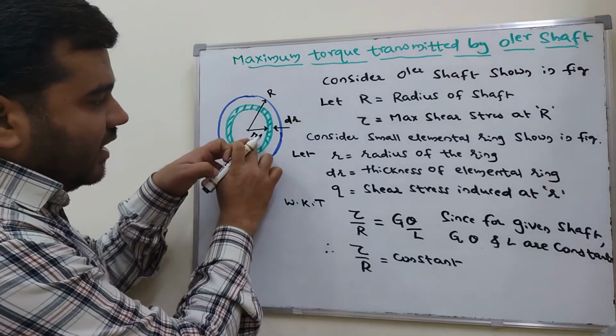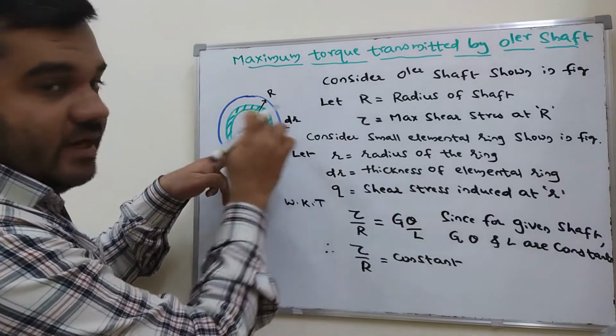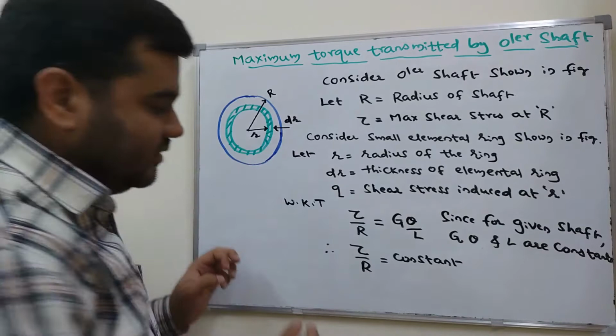Now for radius small r and for the given shear stress acting at r on the elemental ring, the ratio is also constant.